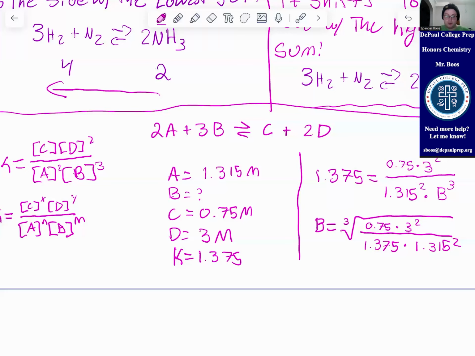To get the cubed root, you use the math function on your calculator. There's a button literally called math. We'll put it in as a fraction, and I get B is equal to 1.42 molar.